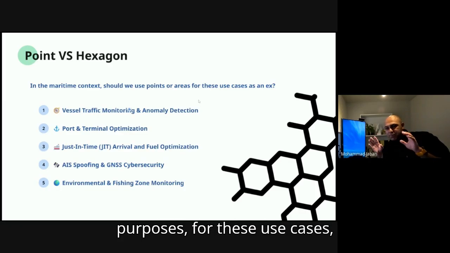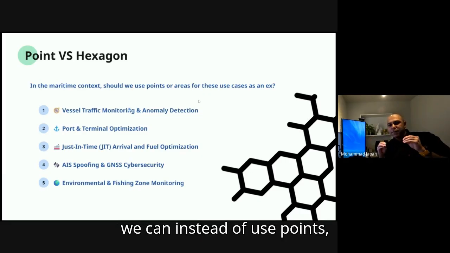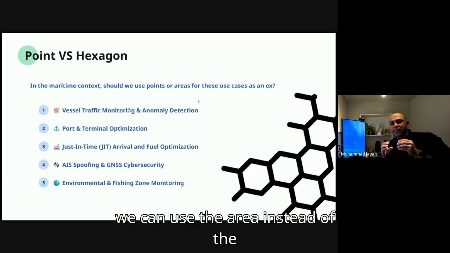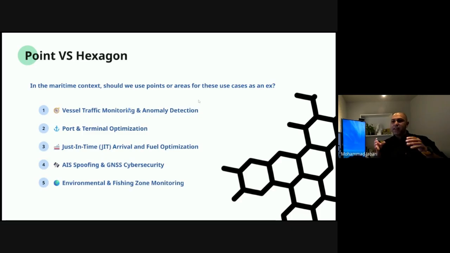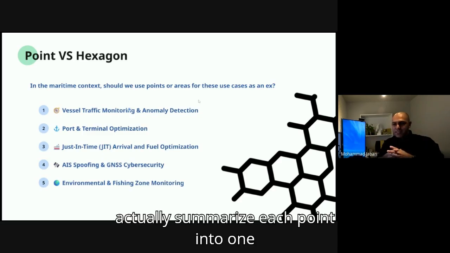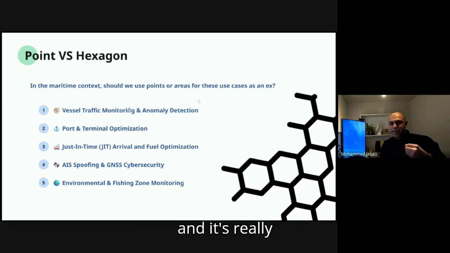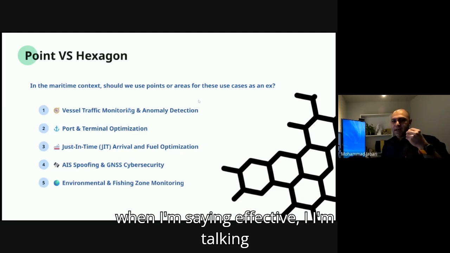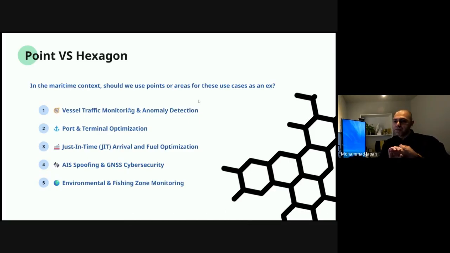For these use cases, instead of using points, we can use areas. In that case, we can summarize each point into one area. It's really effective, and when I say effective, I'm talking about resources in terms of the time of calculation, time of data processing, time of complexity.